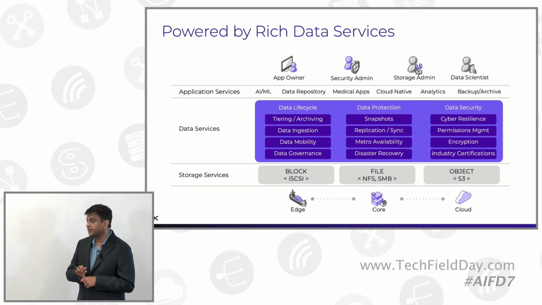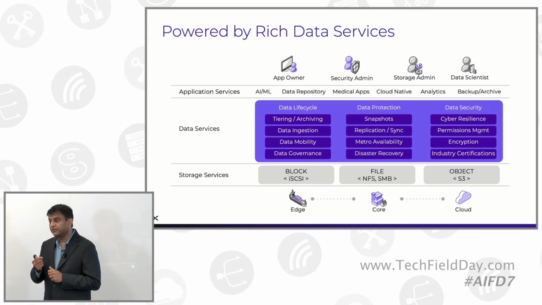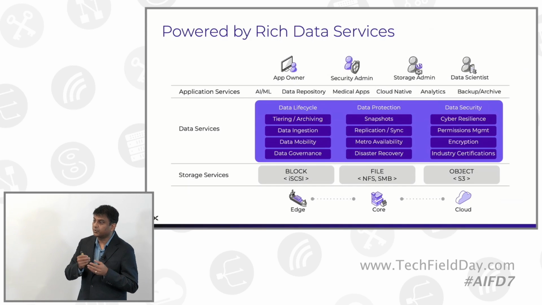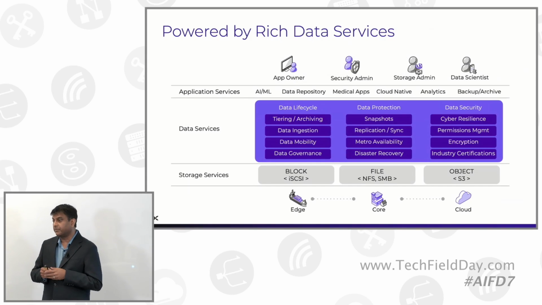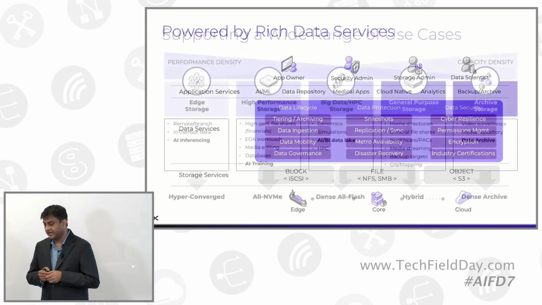And then data security, cyber resilience, permissions management, very commonly asked, can I know if I have over provisioned the permissions on my shares and on my exports, that's there. Data encryption in flight, at rest, and in use is supported, and quite a few industry certifications around security. So that's all part of the platform that we have.